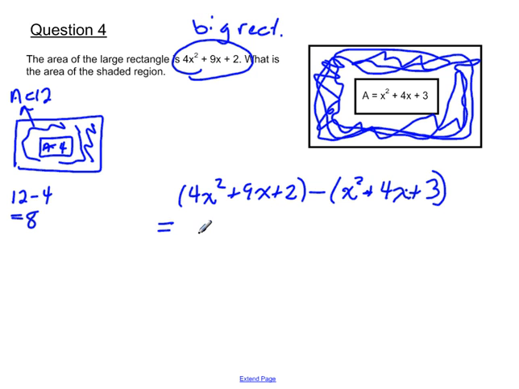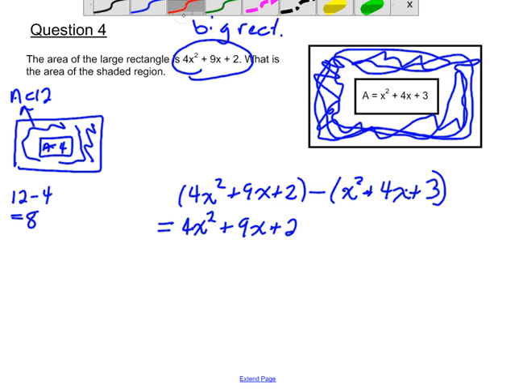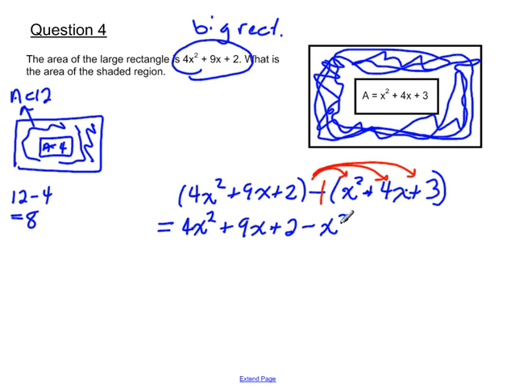And then we just go ahead and we subtract. So this becomes 4x squared plus 9x plus 2. And again, if it's easier for you, you can think of this as distributing the minus 1. So be very careful because the signs will change. This becomes negative x squared, this becomes negative 4x, and this becomes negative 3.